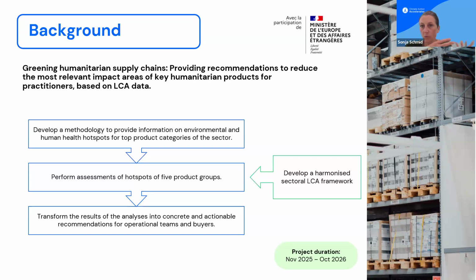The goal was, on the one hand, to provide improved emission factors for these products, and also to identify decarbonization potential, having data on what is possible when, for example, using recycled material for blankets or changing the composition of hygiene kits.